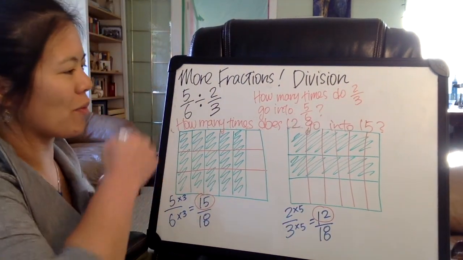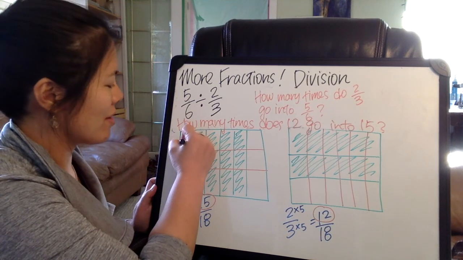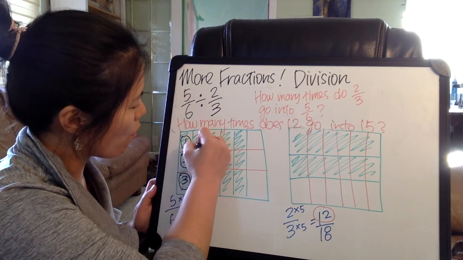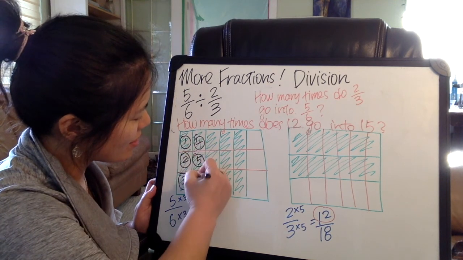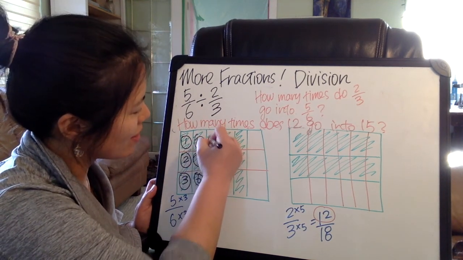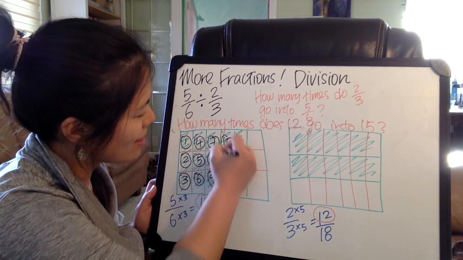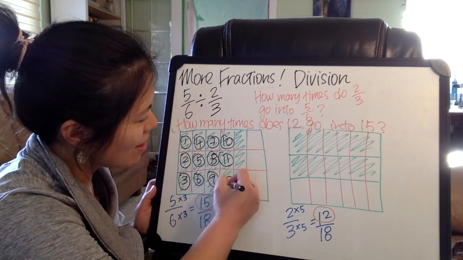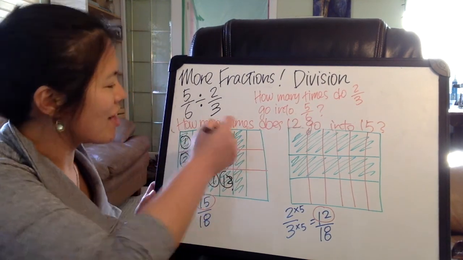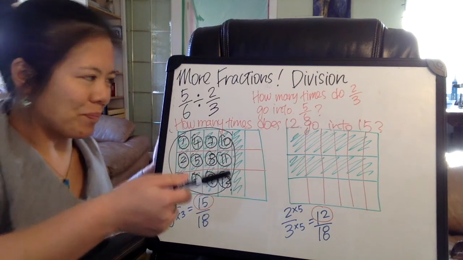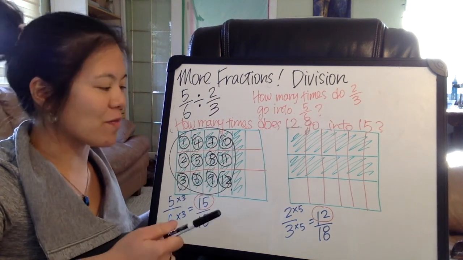All right, so I have 1, 2, 3, 4, 5, 6, 7, 8, 9, 10, 11, and 12, right? So I know that 12 goes into 15 at least once.